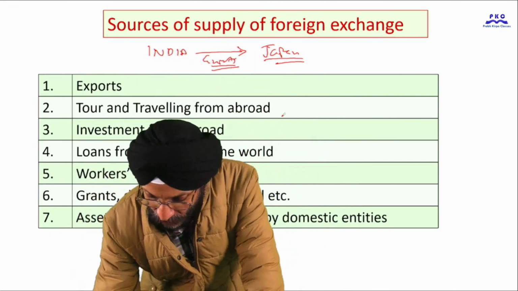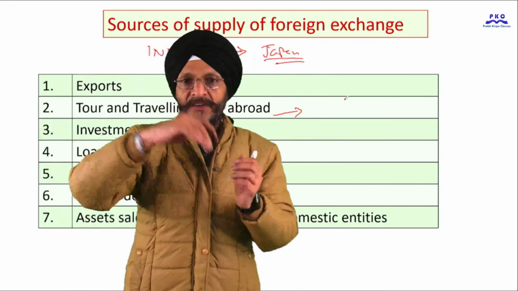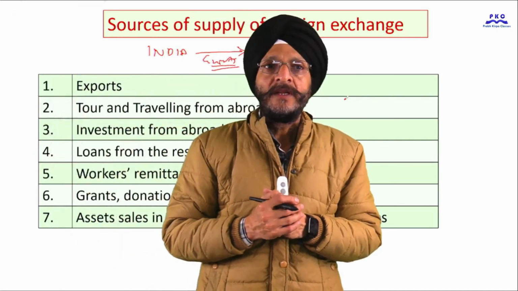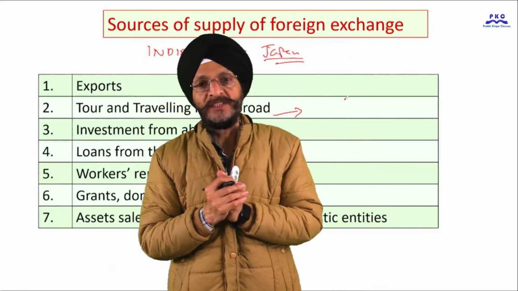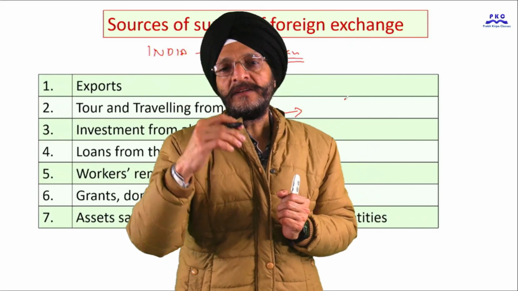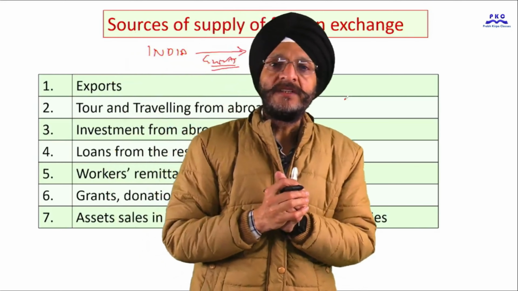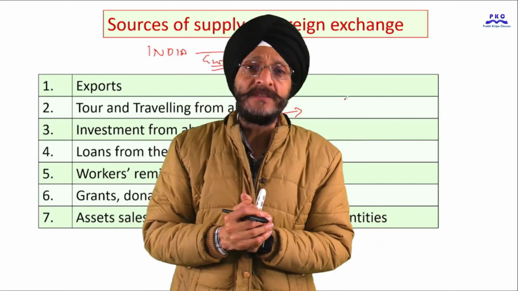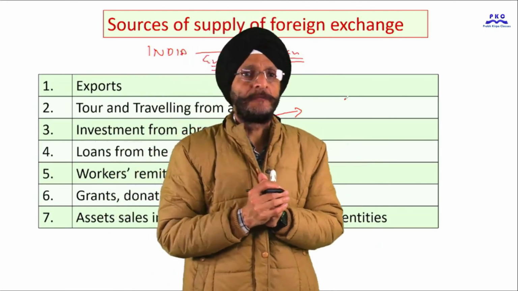Then when tourists visit our country from abroad, it results into the supply of foreign exchange because they will generally spend their foreign currency for food, hotel expenses, buying other goods and services.